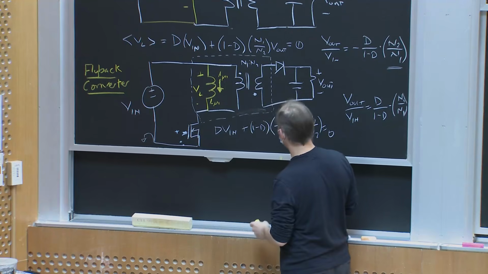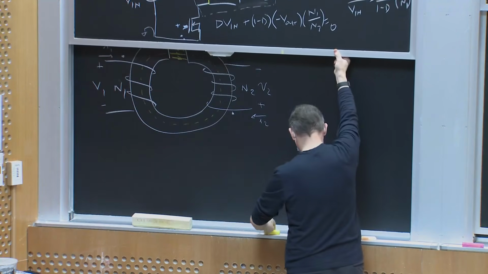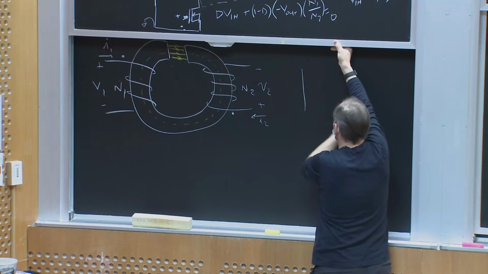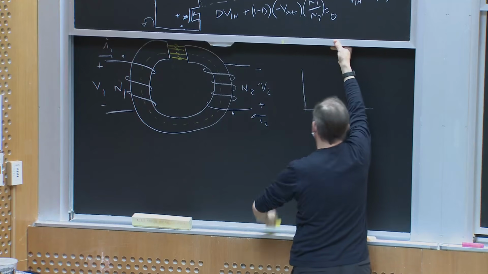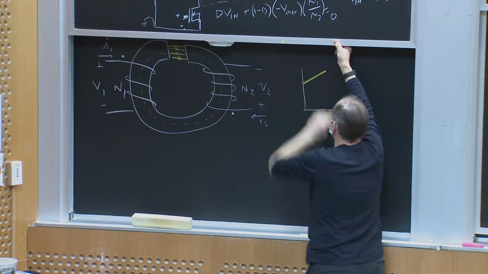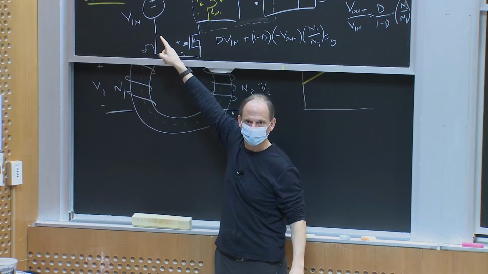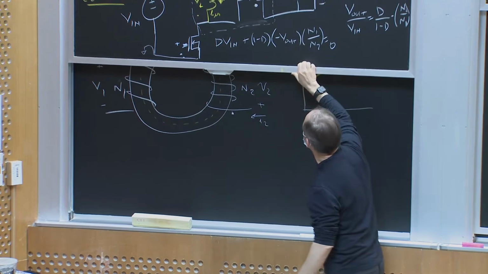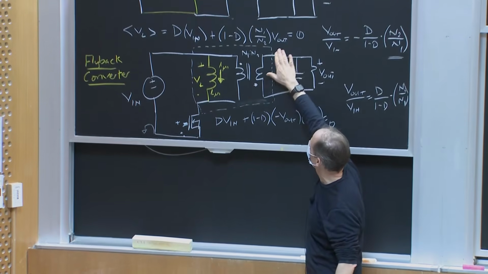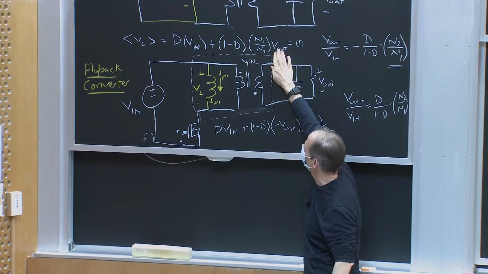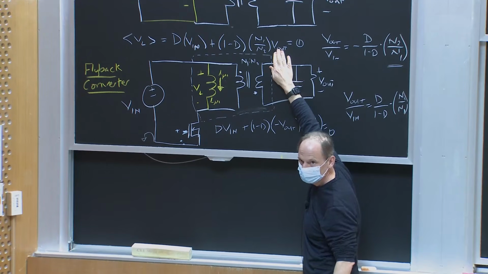So if I plotted I mu1, it would linearly increase in the first part of the cycle because I'm applying Vn. And I2 on the secondary side, well, the diode's open, so there's no current in the secondary winding.